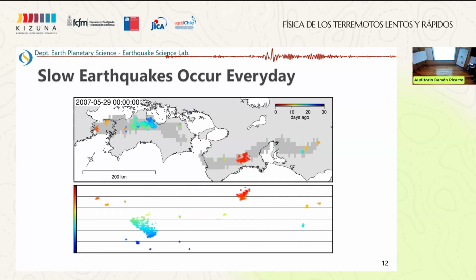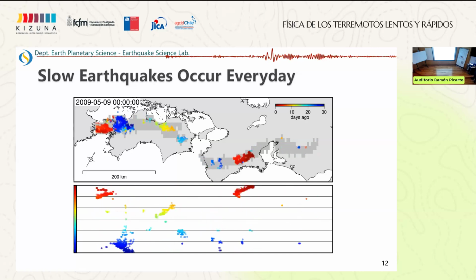So you can see tremor occur around here almost every day. And if you look at this for a long time, you see there is some typical pattern. That is a migration of tremor source.